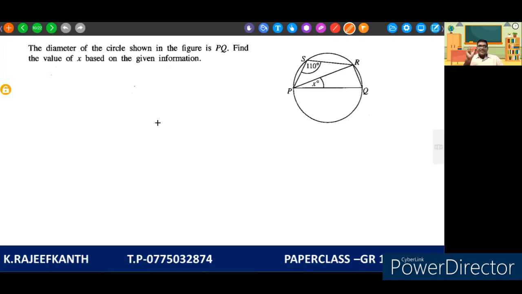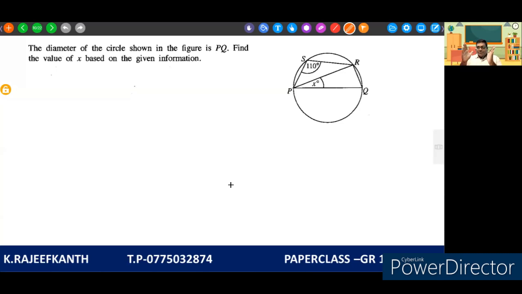And also there is a conclusion or theorem. Here PQ is a diameter. The grade 11 students already learned that one, the angle of a semicircle, right? So by using these two theorems, we can find the value of x.